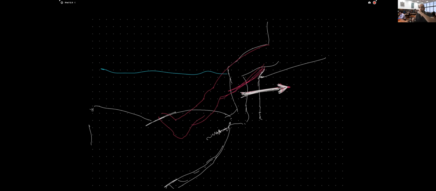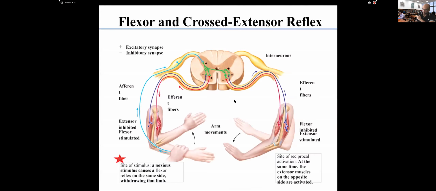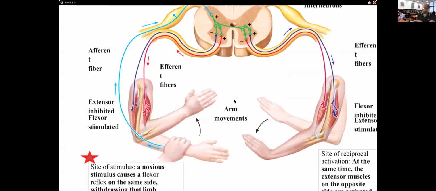So the side that is pulled, you're gonna pull it back, and on the other side you're gonna push. You pull the pulled arm, but you push with the other side. If you're pulling my left arm like this, I will be pulling back, and at the same time I am pushing you away with the opposing side.